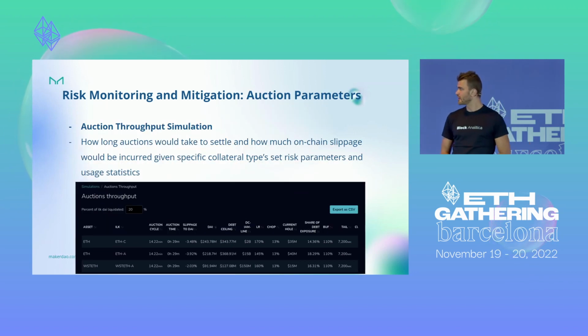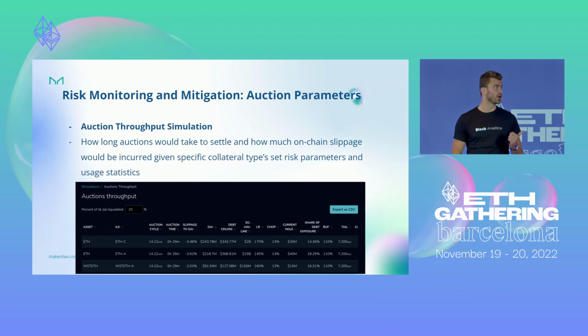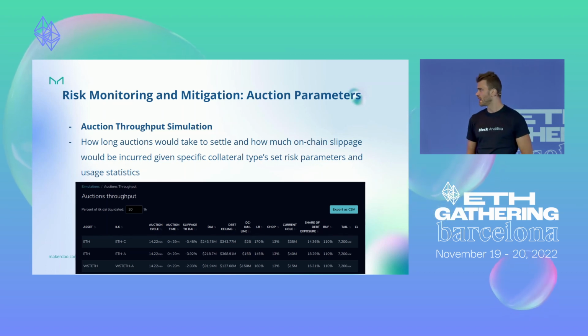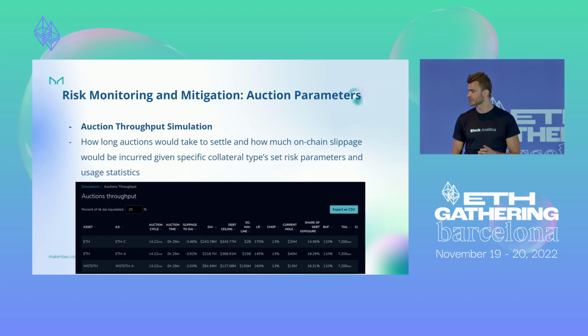Then we have the auction parameters, which is another example, and this is more focused on the collateral auction parameters. And we have two simulations. The first one is the auction throughput simulation, and we're looking at the auction duration and the slippage incurred per specific collateral type, and also the current state of the vaults, the usage statistics.